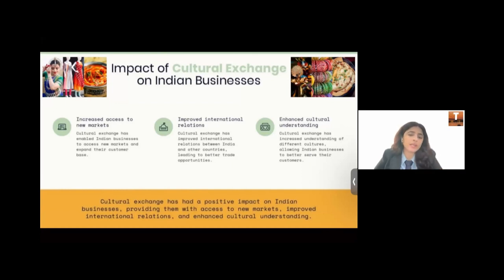So Indian businesses can develop unique products, services, and business models that differentiate them in the global marketplace. And fostering diversity and inclusion and global reputation, because this can enhance their brand image and attract international partners, customers, and investors who value cultural diversity and social responsibility.